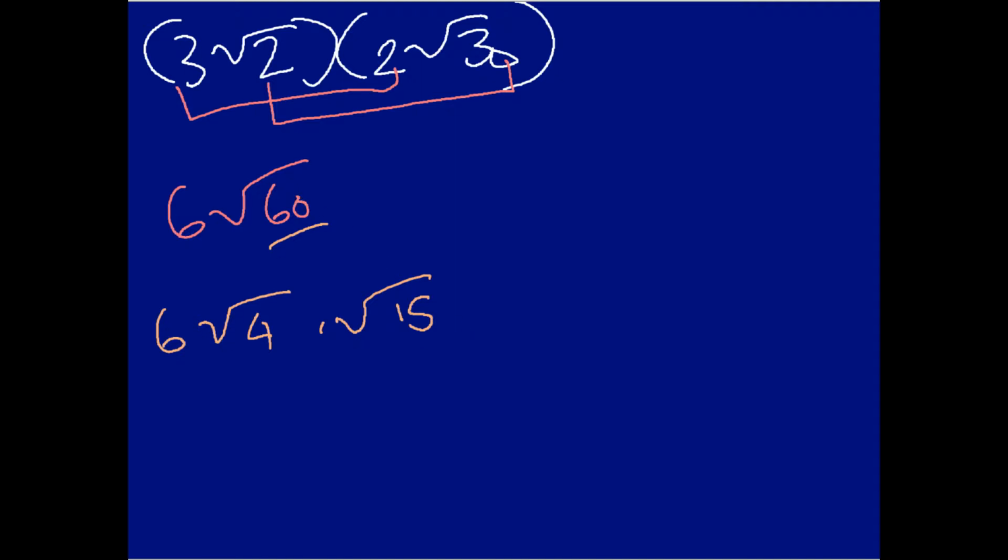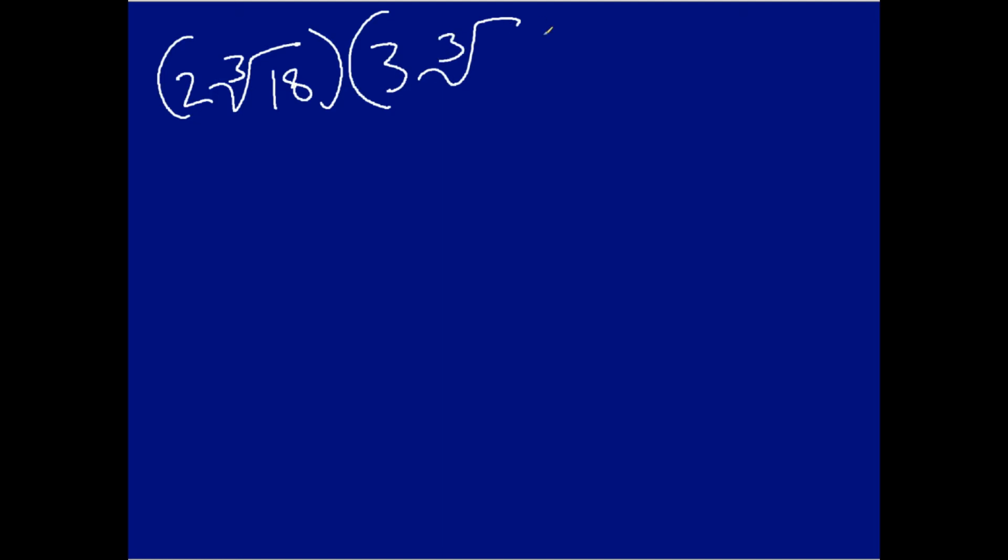But another beautiful thing is this: 4 is a perfect square. So when I reduce that, I get 6 times 2 times the square root of 15. The final answer will be 12 times the square root of 15, because it's basically impossible to further simplify the square root of 15. So this is our answer.